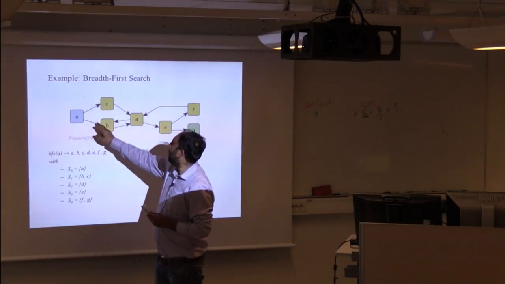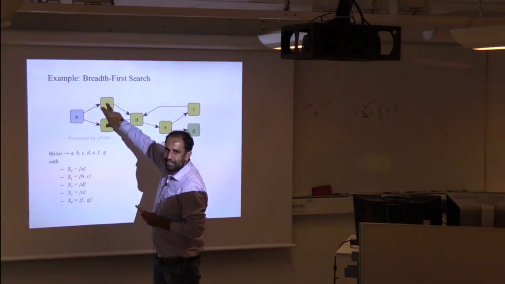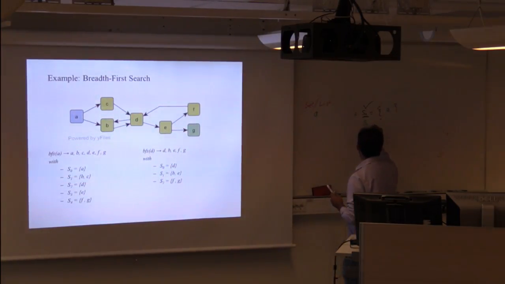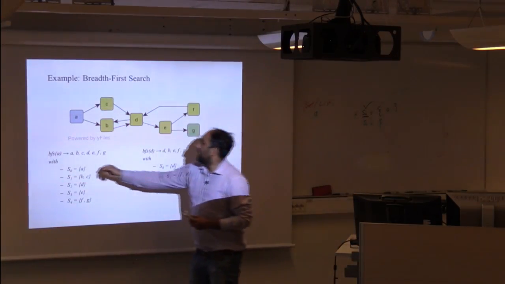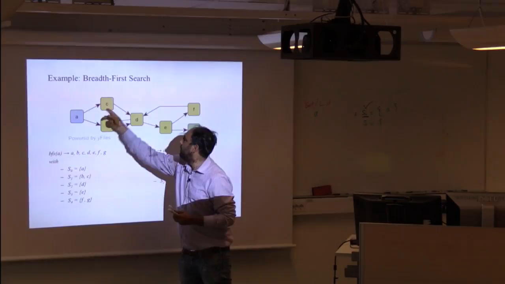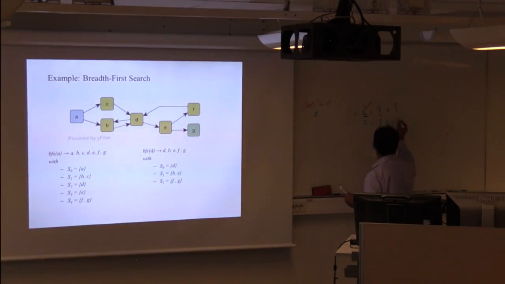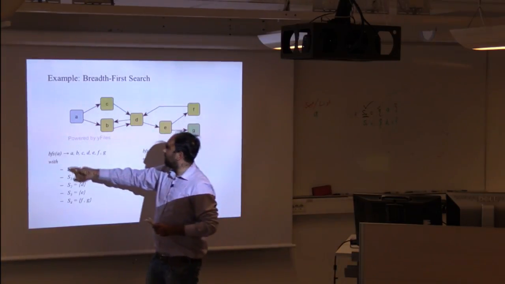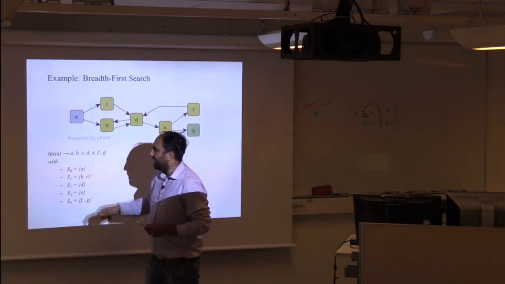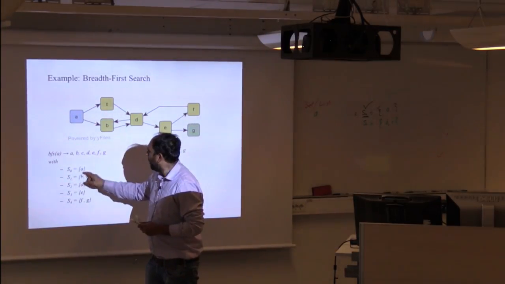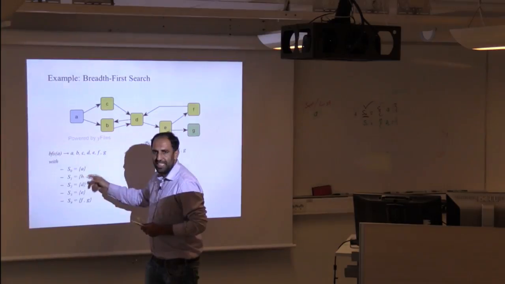The next step is for every successor, we create a new set S1, and we add the successors of A, which are in this case B and C. Okay, and then we call the BFS on this set. It means when we call the BFS on S1, we will be looking at the successors of both B and C.